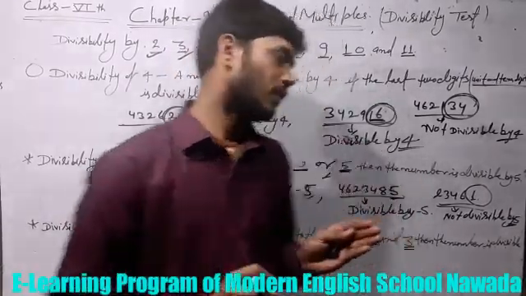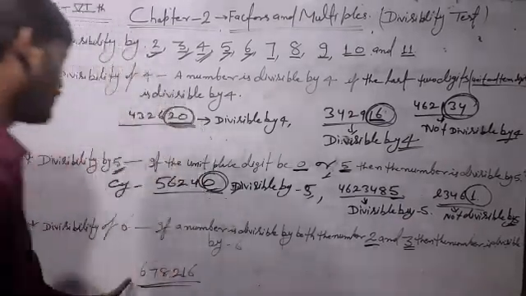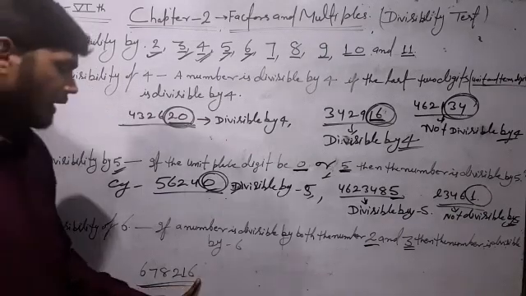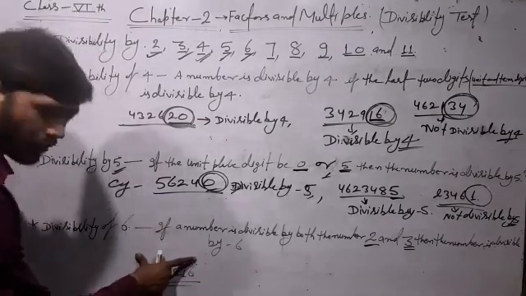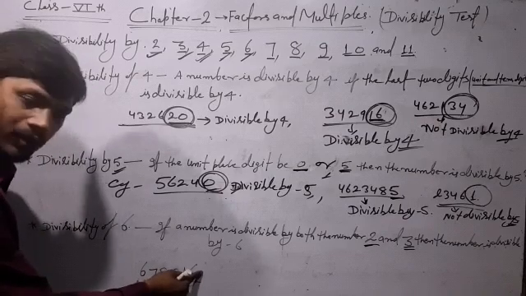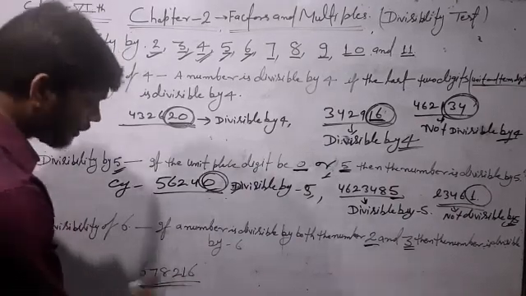So students, check a number. Here I write the number 678216. Check, is this number divisible by 2? Yes, its unit digit is 6, so it is divisible by 2. And again check, is this number divisible by 3?